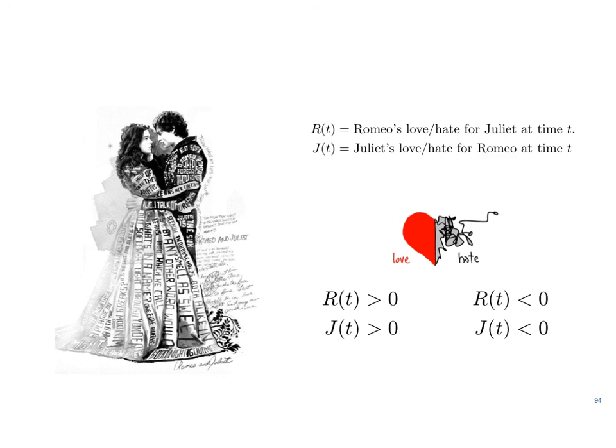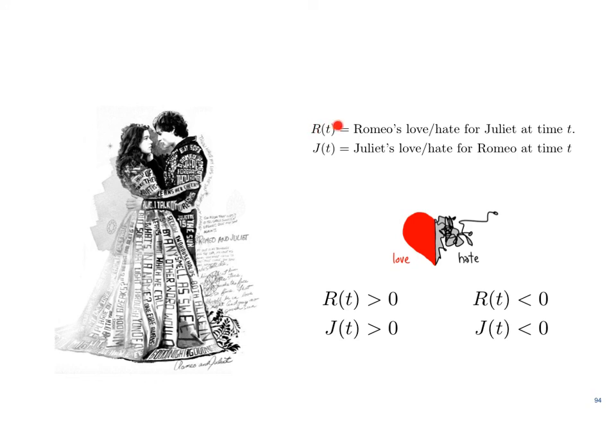We have a variable called Romeo's love, R. When this is positive, it means that Romeo's love for Juliet exists.